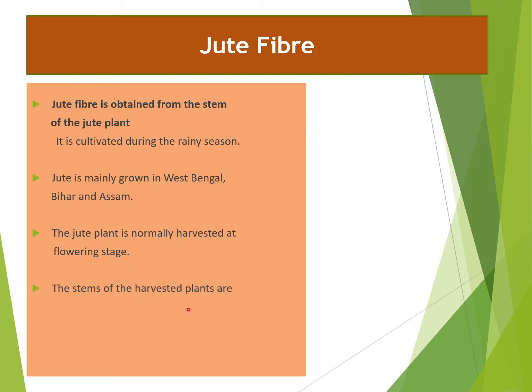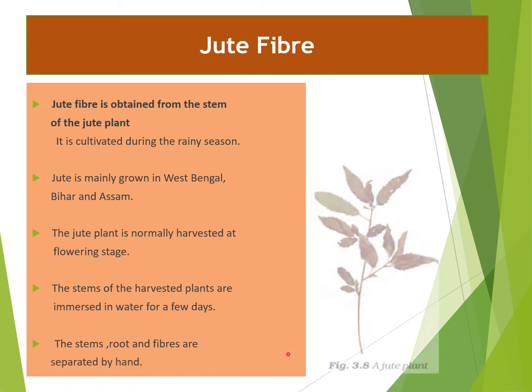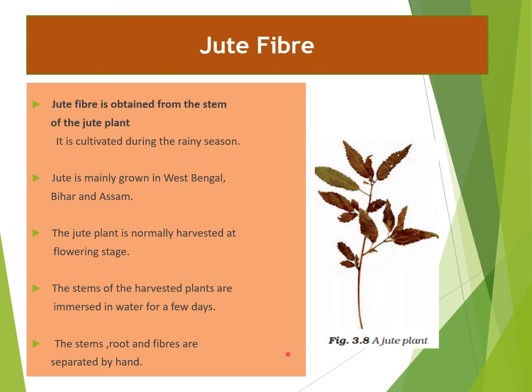The stems of the harvested plants are immersed in water for a few days. The fibers are then separated from the stems by hand. So this is a picture of the jute plant, and jute fiber is mainly used for making jute bags, which are very helpful.